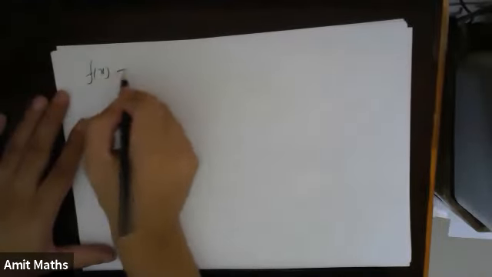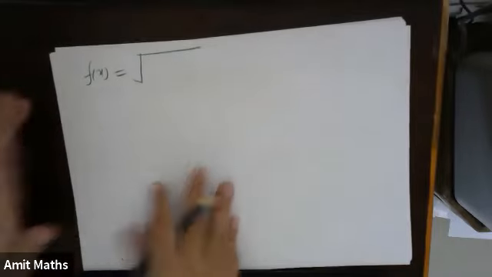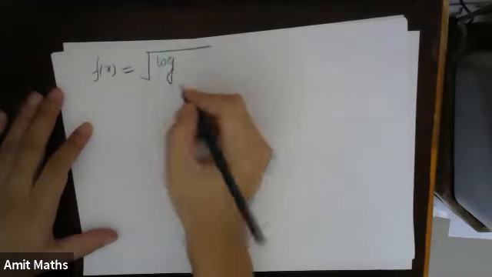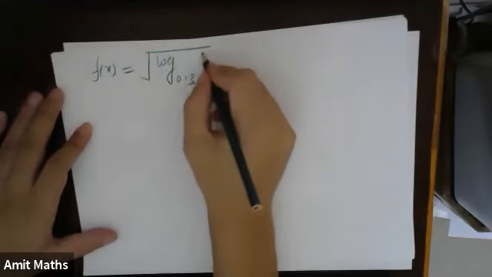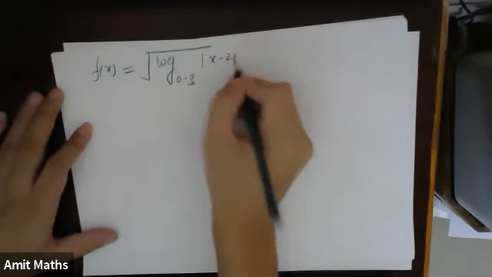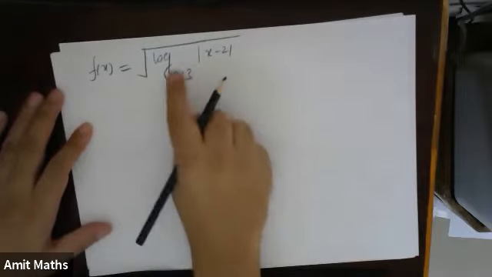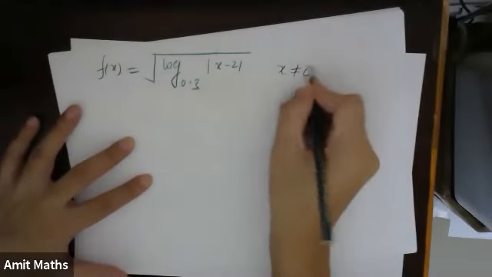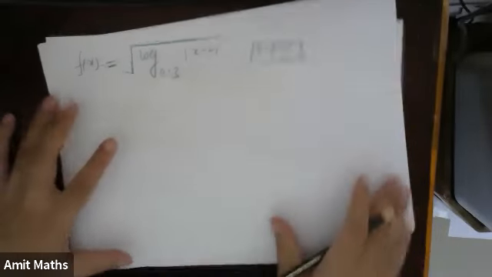f of x is equal to under the root of log base 0.3 of mod of x minus 2, and this for x not equal to 0. Okay.